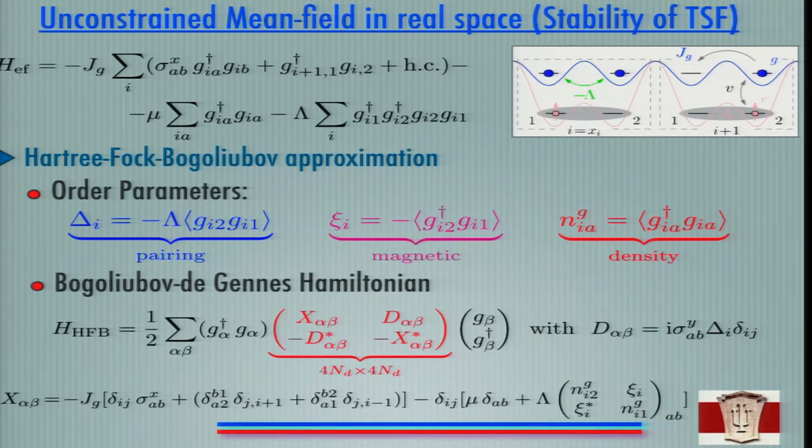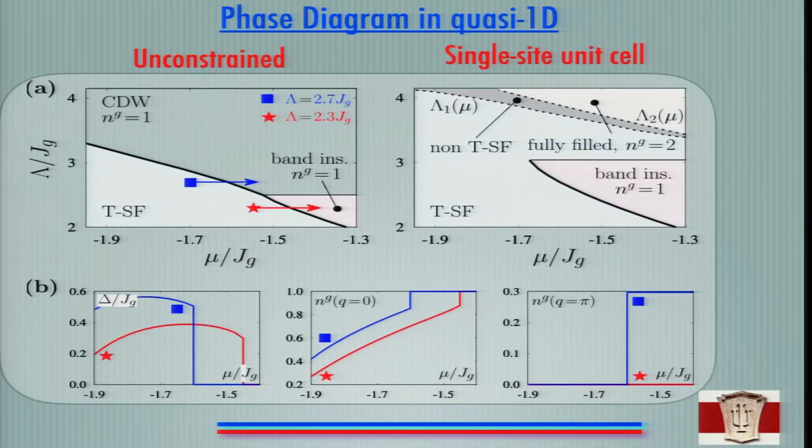We are allowing all kinds of bad things like magnetism, charge density wave, and so on. And you can see that if you construct the phase diagram for this quasi-1D model, it will contain a topological superfluid phase that is pretty robust. Indeed, the trivial phases appear. If you solve the problem without constraint, it turns out there is a non-topological phase as well as the topological superfluid. But as soon as you go unconstrained, the charge density wave peaks in here, but the topological phase is still pretty robust.